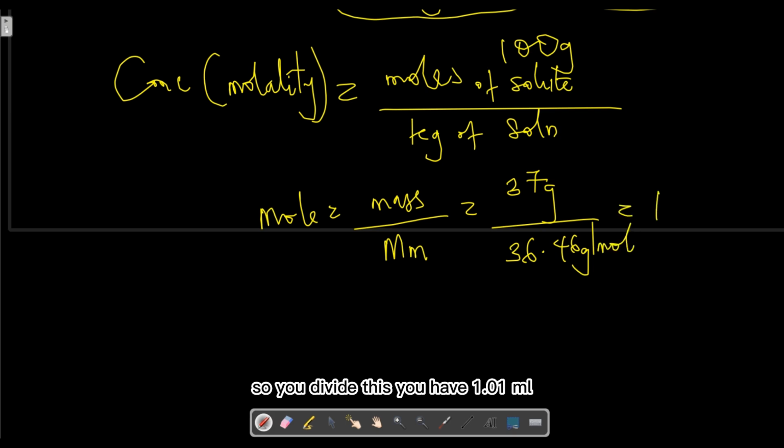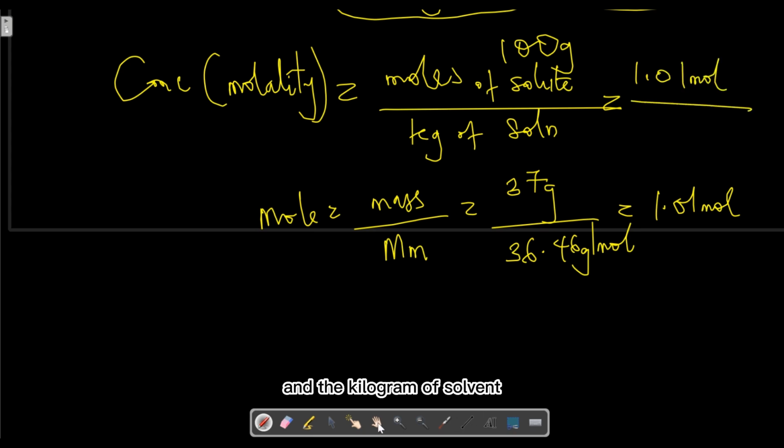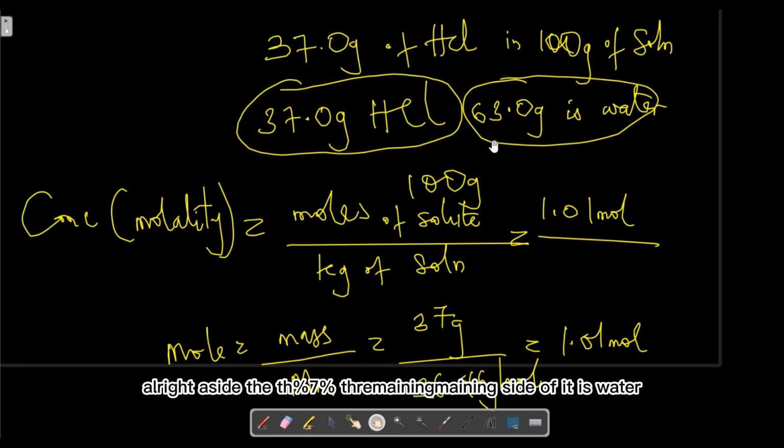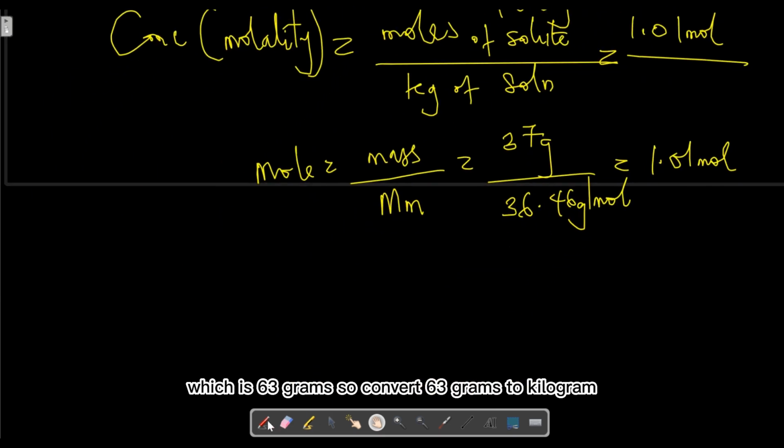So you divide this, you have 1.01 mole. So our moles of solute is 1.01 mole. And the kilogram of solvent, all right, aside from the 37, the remaining side of it is water, which is 63 grams. So we'll convert 63 grams to kilogram.